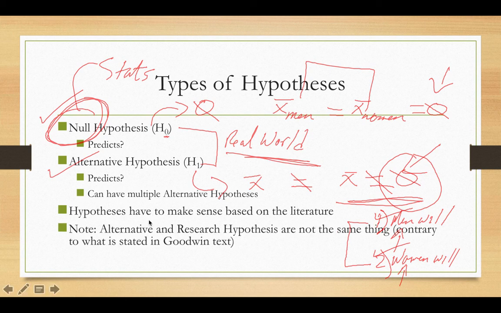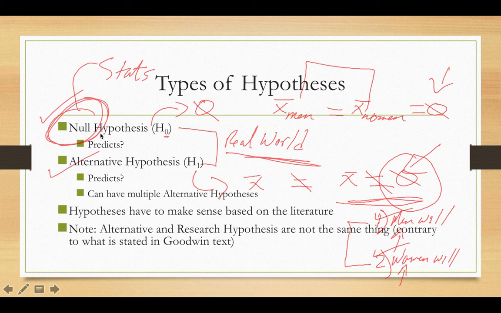All right, perfect. Now, one of the things that you are going to read in your textbook is that Goodwin talks about the research hypothesis and the alternative hypothesis as being the exact same thing. This is a problem for me, because whenever we talk about the research hypothesis, which is this one right here, the one that's based on the literature, that's your research hypothesis.